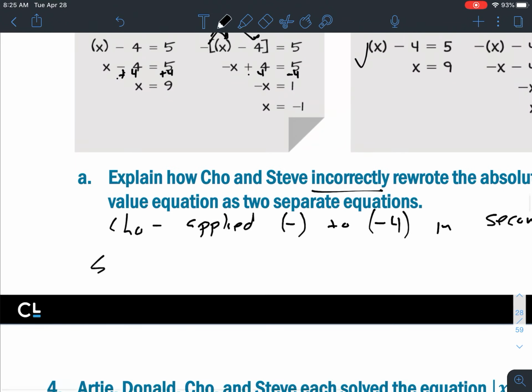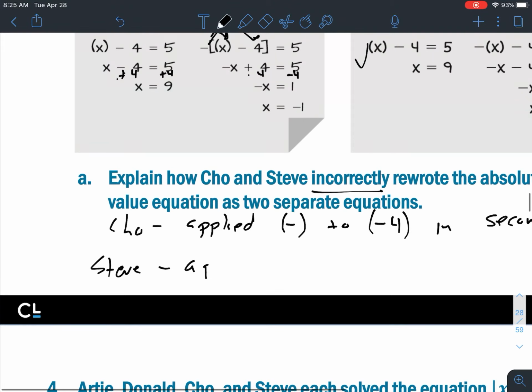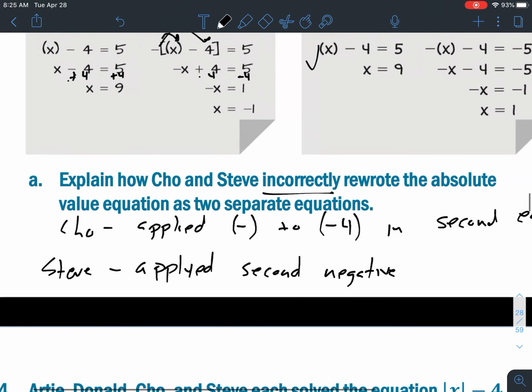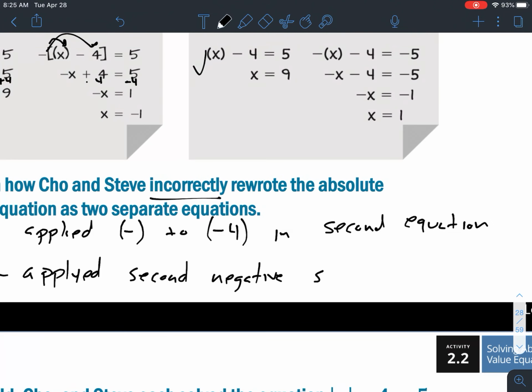So we're going to look at Steve, and we're going to say applied second negative symbol to -5.